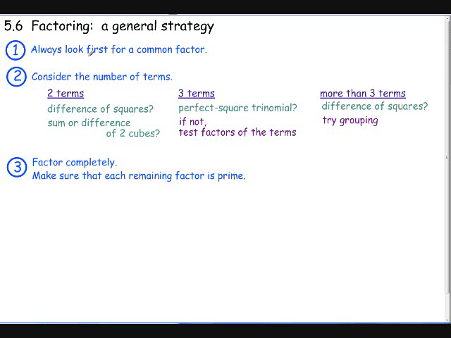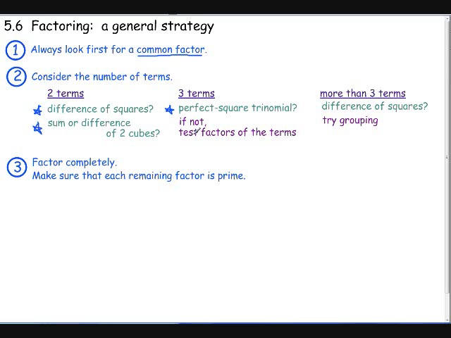First, always look for a common factor. The number of terms that you have can be a clue to what you need to do. If you have 2 terms, this is very likely difference of squares, or sum or difference of cubes. If you have three terms, check to see if you have a perfect square trinomial.